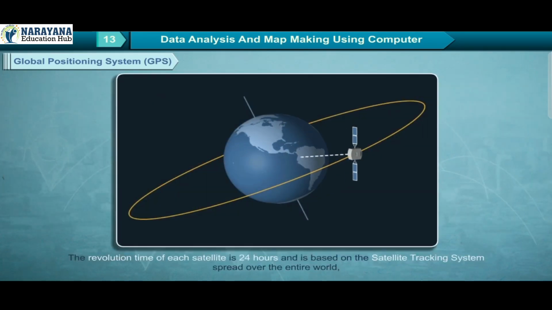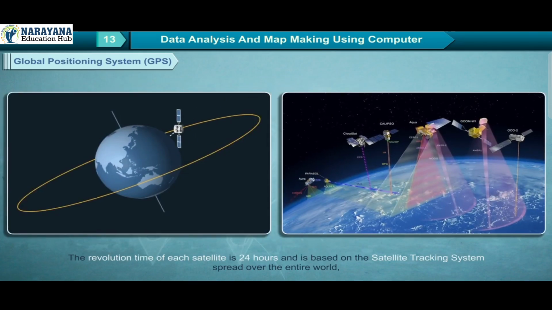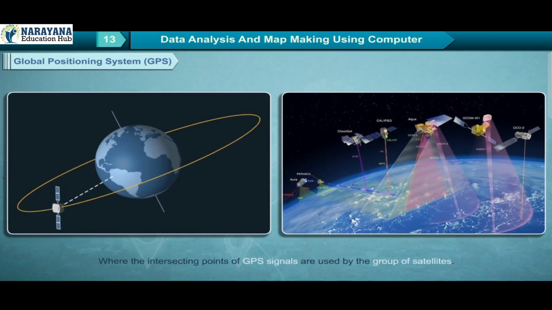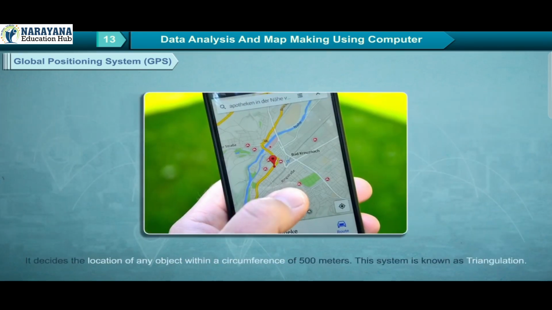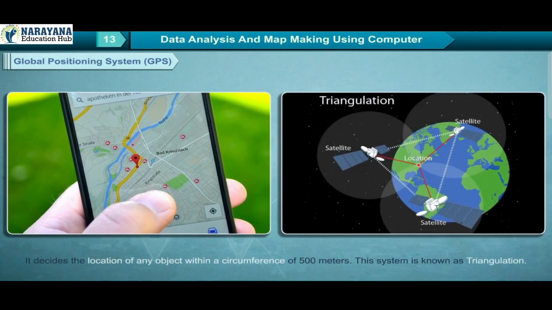The revolution time of each satellite is 24 hours and is based on the satellite tracking system spread over the entire world, where the intersecting points of GPS signals are used by the group of satellites. It decides the location of any object within a circumference of 500 meters. This system is known as triangulation.